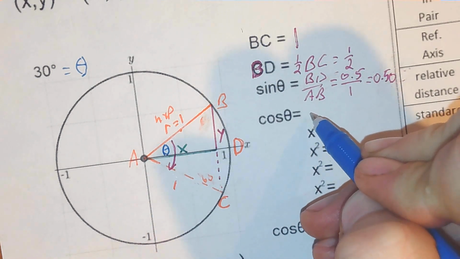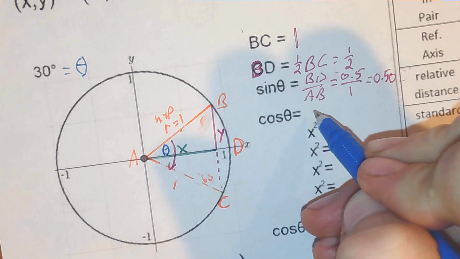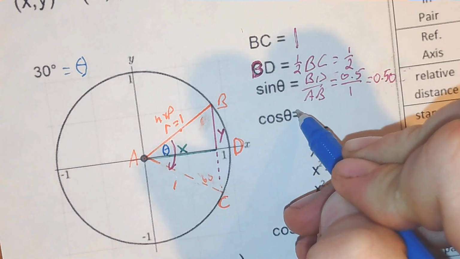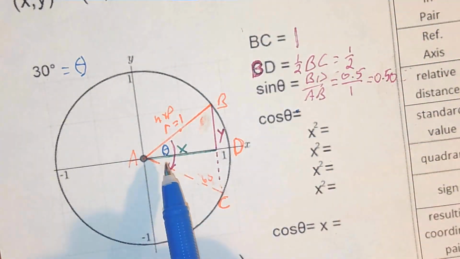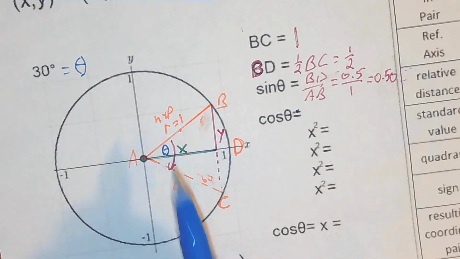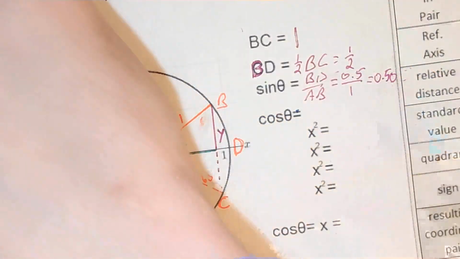x squared, remember cosine equals, if we figure out cosine, our lengths here, x, y, this is our z.